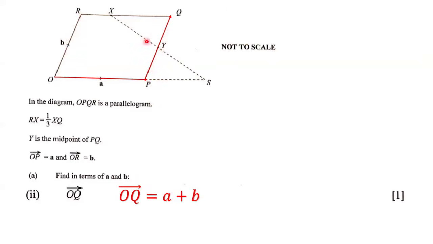So if this is B, this is also B. And so that means that from P to Q is B. So OQ is equal to A plus B.